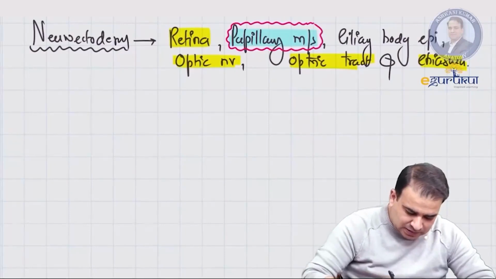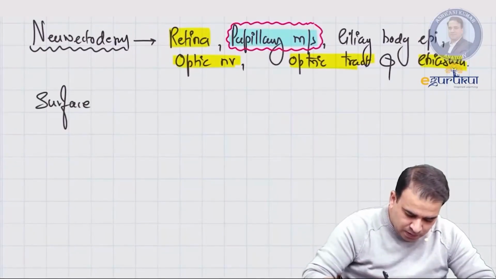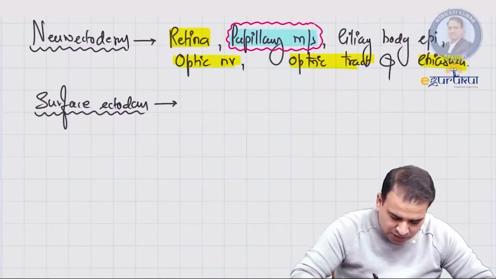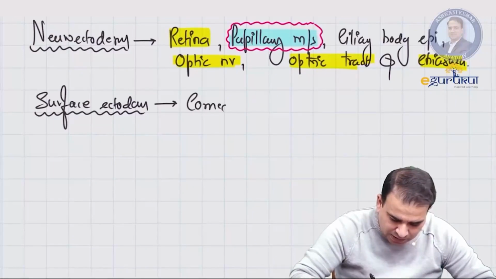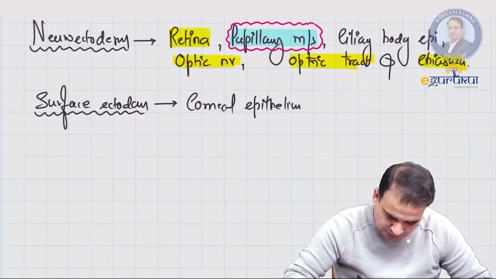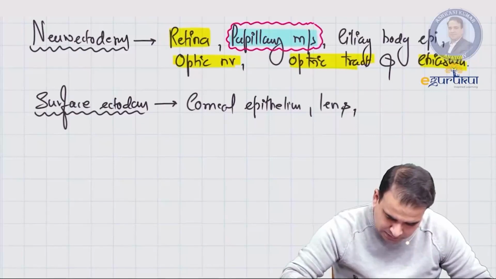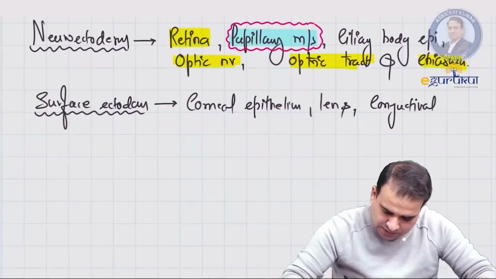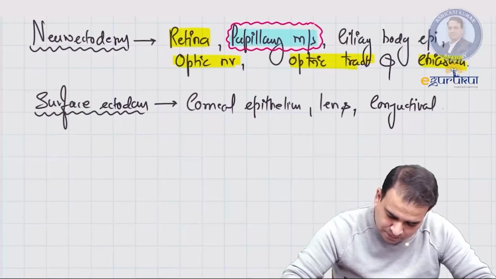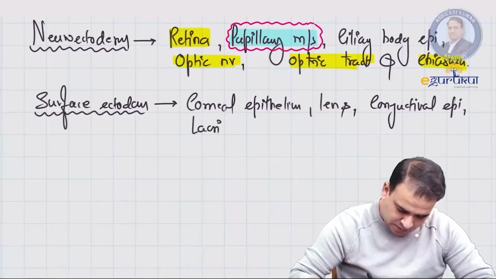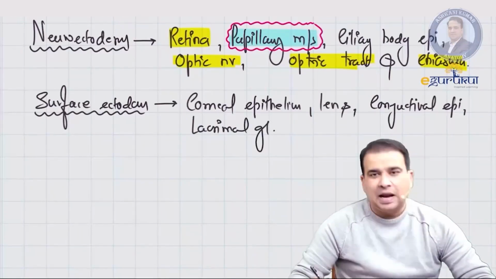The second thing, that is surface ectoderm. What important structures are derived from the surface ectoderm? That will include the corneal epithelium, lens, conjunctival epithelium, lacrimal gland.